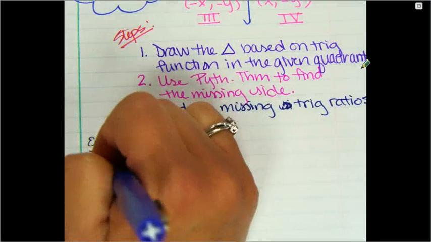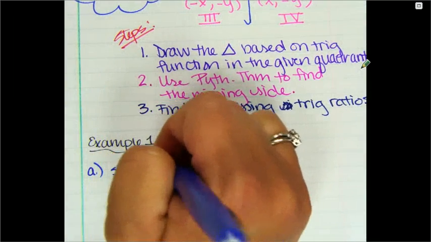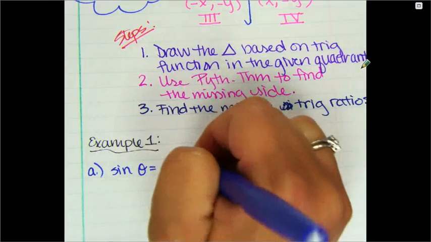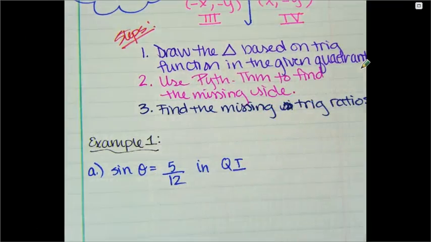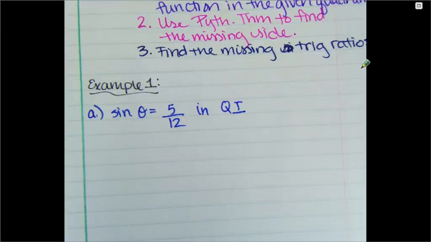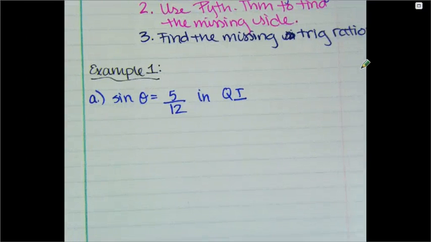Our example is going to say sine of theta equals 5 over 12 in quadrant 1. Sine of theta equals 5 over 12 in quadrant 1. What do you think the first thing is going to be? We wrote the steps. It's the first step.